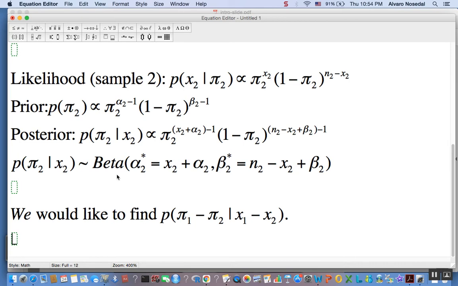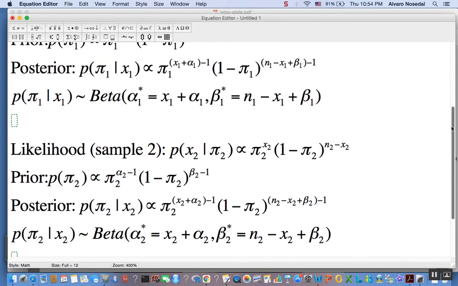So what we're going to be doing is approximating these posterior distributions that we have here.